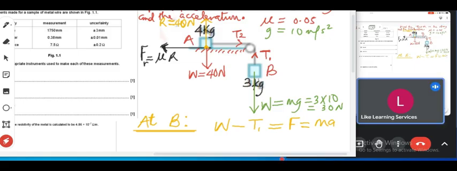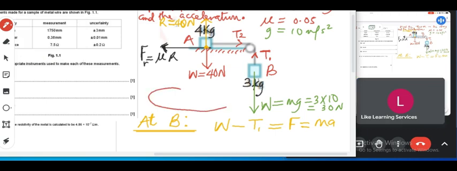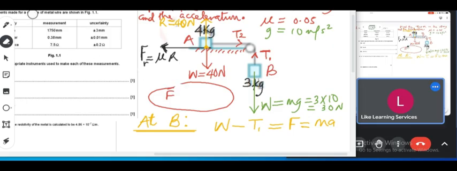Okay. So considering forces at B, the weight going downward minus the tension going upward must be equal to the resultant force. And you know from Newton's second law, F is equal to MA. In fact, F equal to MA is a major equation you use in dynamics.